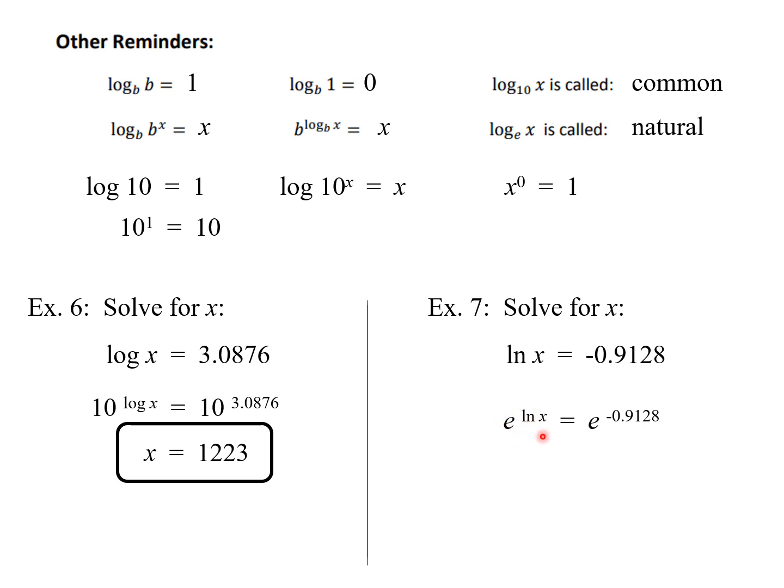They undo each other, and so we just get x. Then on your calculator, locate the e to the x button, take e to the negative 0.9128, and you should get 0.401. Verify that with your calculator.